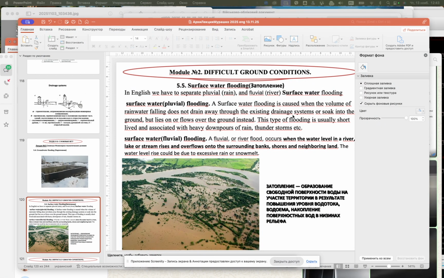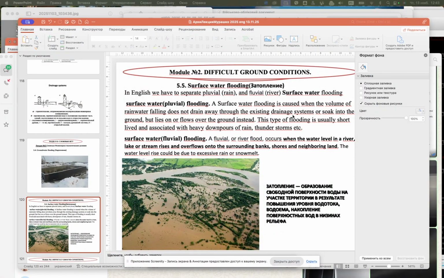So that is why we have to know what to do with pluvial or fluvial waters, which can lead to open surface water, when you can see the water. Underground water flooding, which we considered previously, is water somewhere underground, maybe at not big marks. But surface water flooding is the presence of water which you can see.